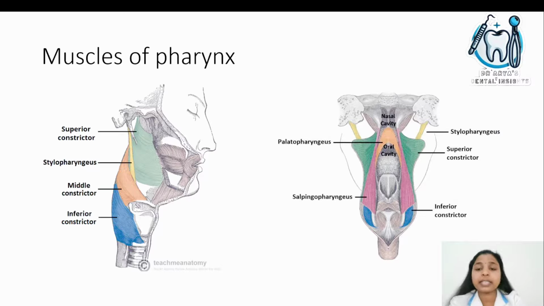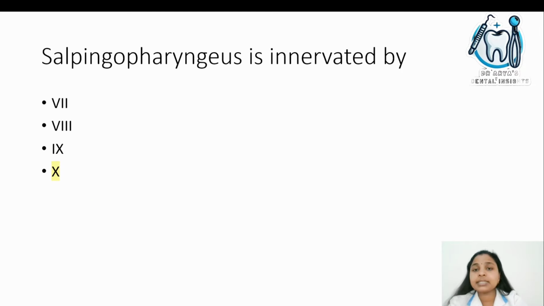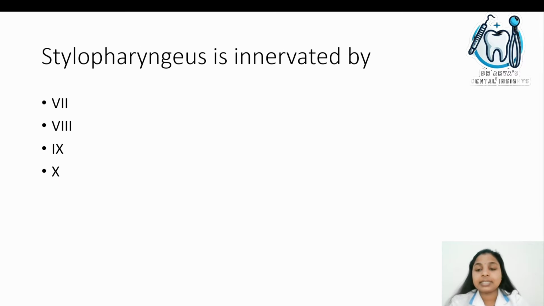Okay, so salpingopharyngeus and palatopharyngeus are innervated by vagus nerve and stylopharyngeus is innervated by glossopharyngeal nerve. So salpingopharyngeus is innervated by vagus nerve. Okay. And the stylopharyngeus is innervated by, you already know, yes, it is the ninth cranial nerve, that is the glossopharyngeal nerve. Okay, yes.